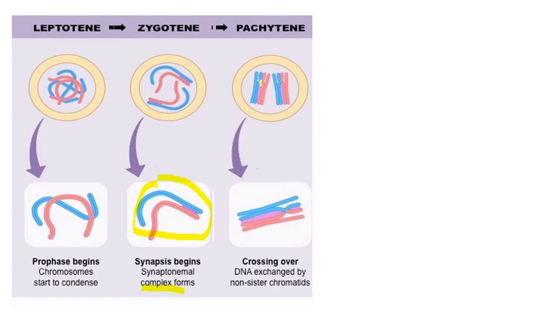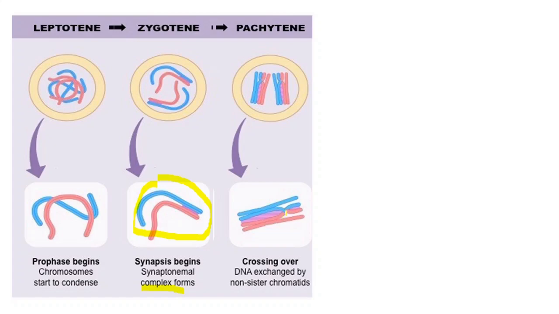Then wherever they are associated, at these temporary associated points, crossing over, or exchange of DNA, takes place between non-sister chromatids. Now you see how it is happening. These 2 are chromatids, and these 2 are chromatids. The 2 blue ones are sister chromatids, and 1 red and 1 blue are called non-sister chromatids.